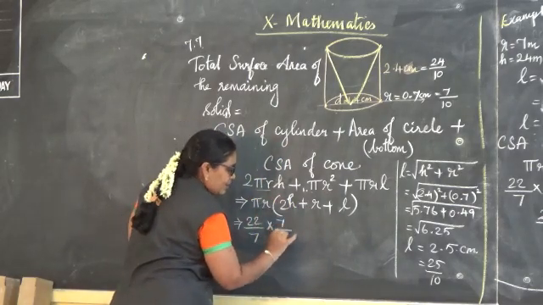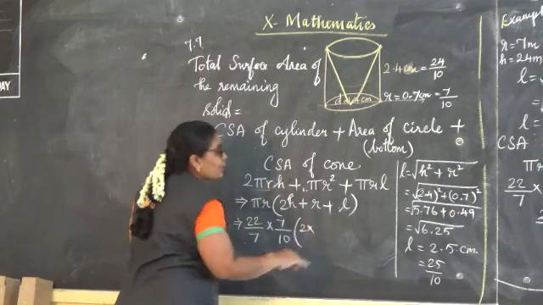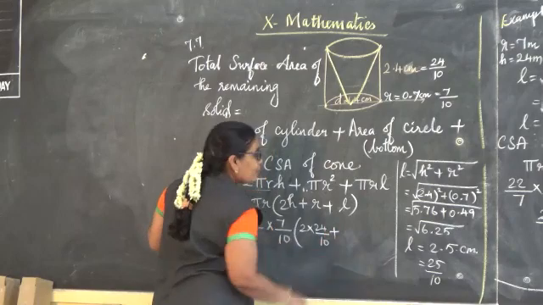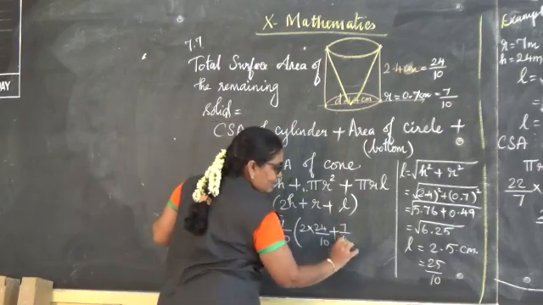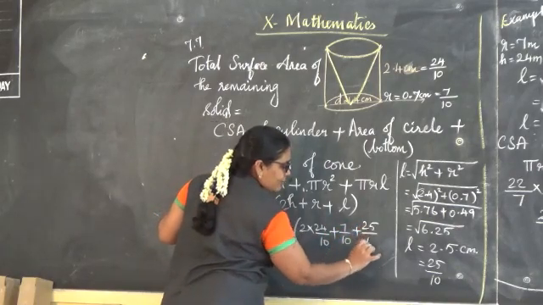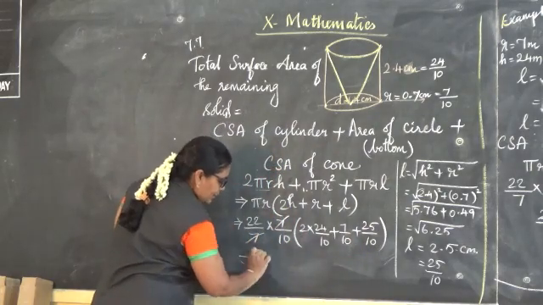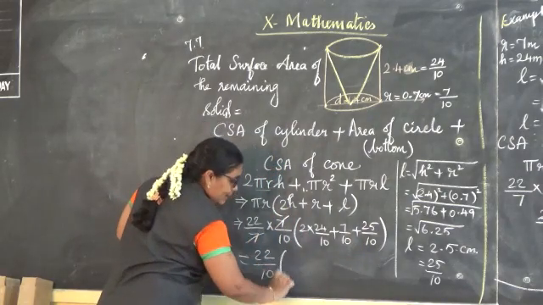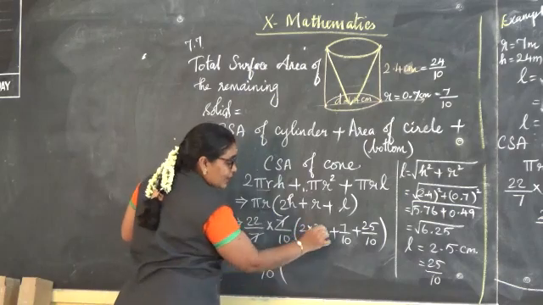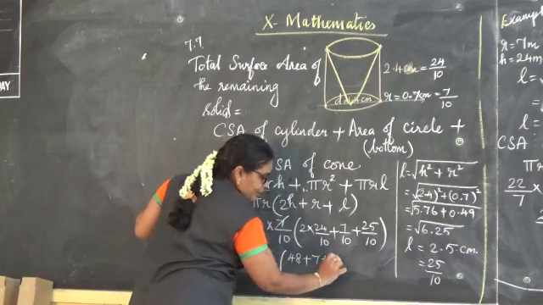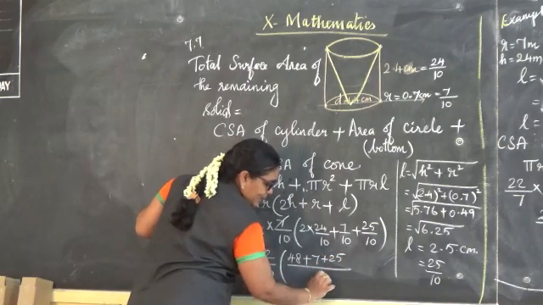Now 7 by 10, 2 into the h value, 24 by 10, plus radius 7 by 10, plus 25 by 10. Now again you do the calculation. 22 by 10, then 24 into 2 is 48, plus 7, plus 25 by 10.